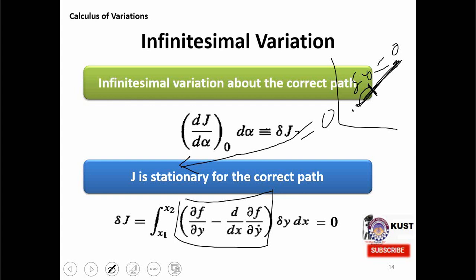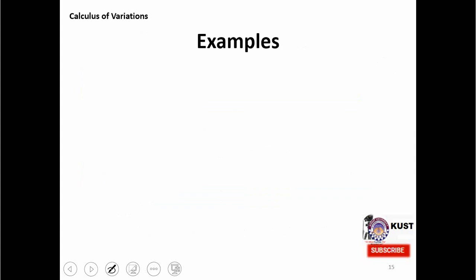Okay, this was the third part of the lecture, and now in the last part I will give you some examples of the calculus of variation. I will explain the first of them in detail, and the remaining two are left as an exercise or assignment for you to understand. They are similar to the first example.